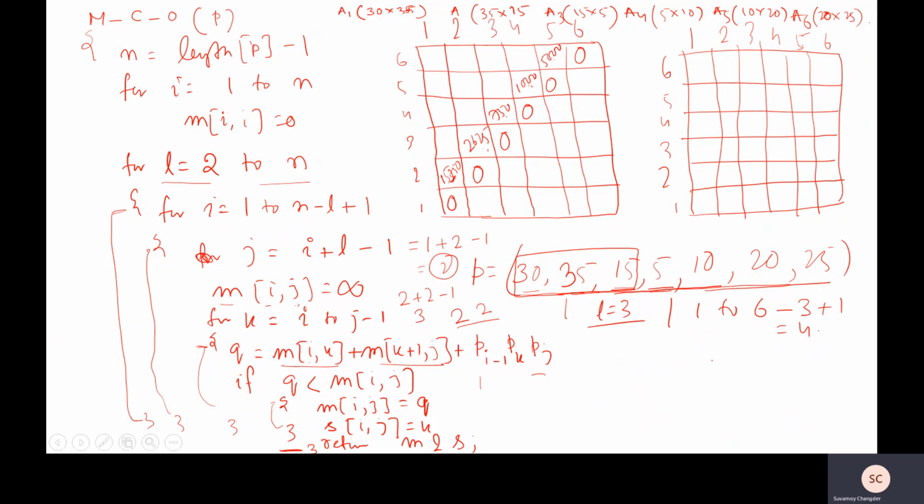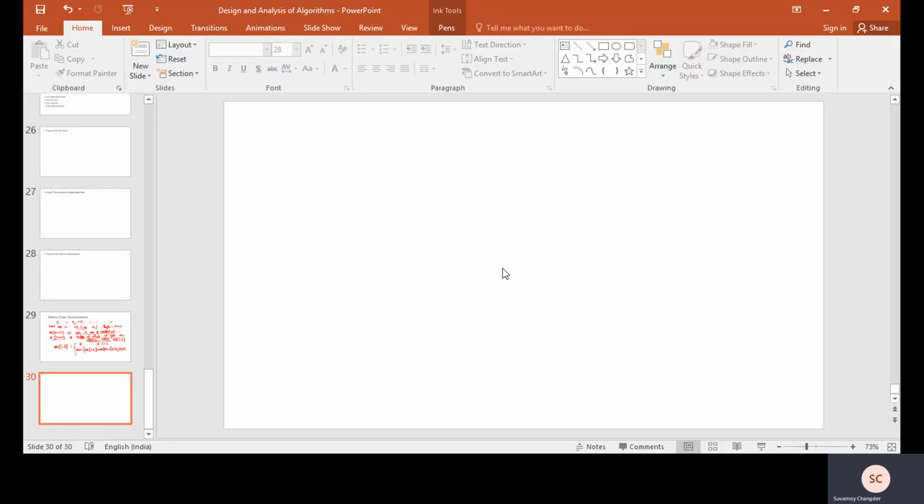So there are 4 options of getting 3: A1, A2, A3; A2, A3, A4; A3, A4, A5; A4, A5, A6. So if we go for finding this, then what will we get?